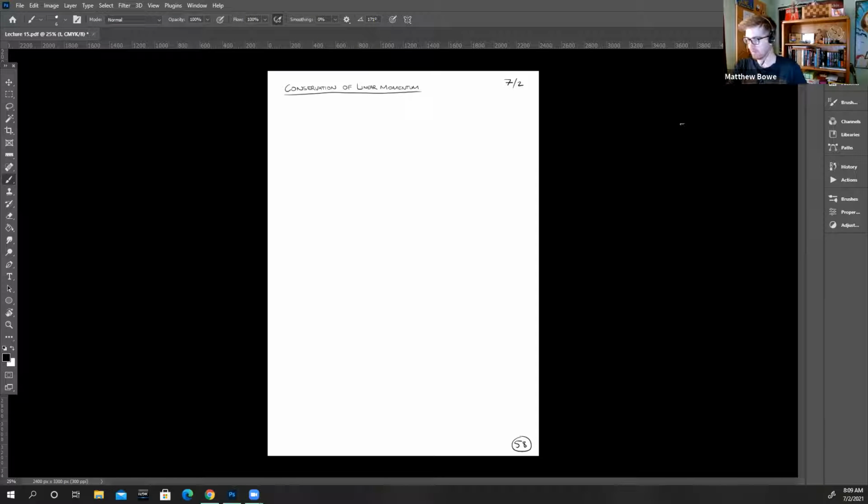You wouldn't be able to have all of your notes available, but you can have this formula sheet available.